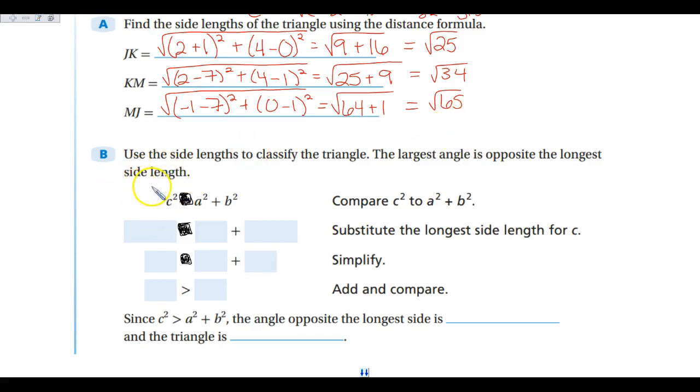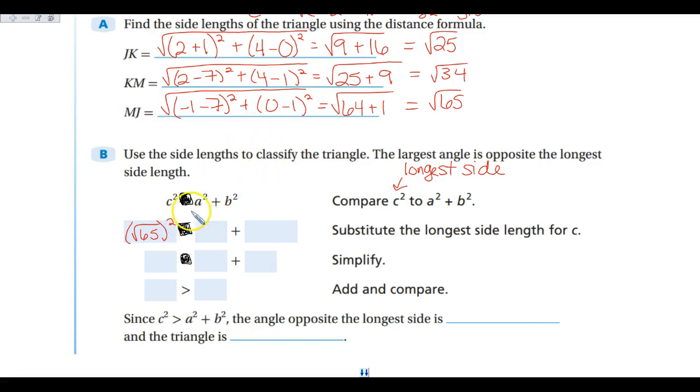All right, so my c squared is my longest side. Remember, c squared is always the longest side. So my longest side is going to be the square root of 65. I'm going to take the square root of 65 and square it.